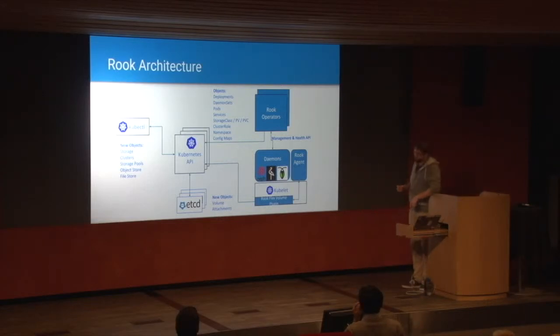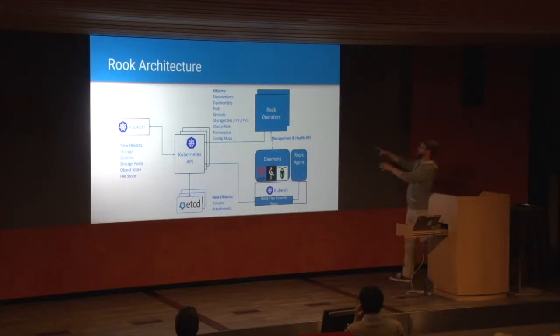Then there's the Rook agent and the Flex Volume plugin. We can gloss over that a bit because it's being replaced now by CSI, the Container Storage Interface, which is the new hotness for storage plugins that can be used across a lot of different container orchestrators such as Mesos, Docker Swarm, I think Cloud Foundry as well, and Kubernetes.